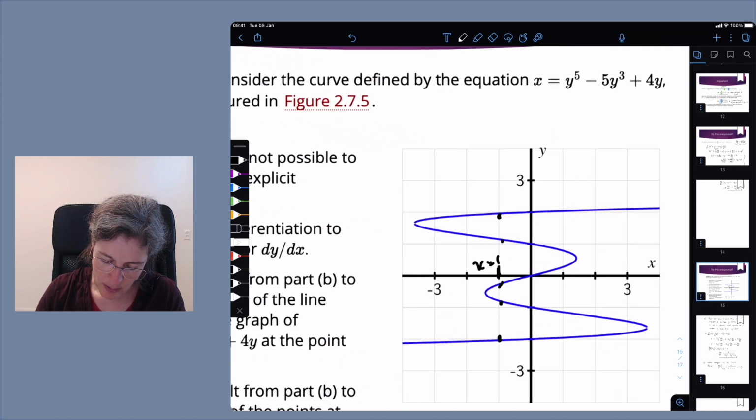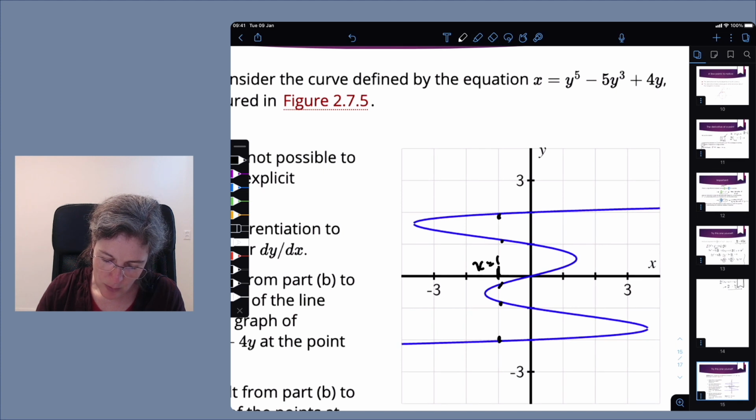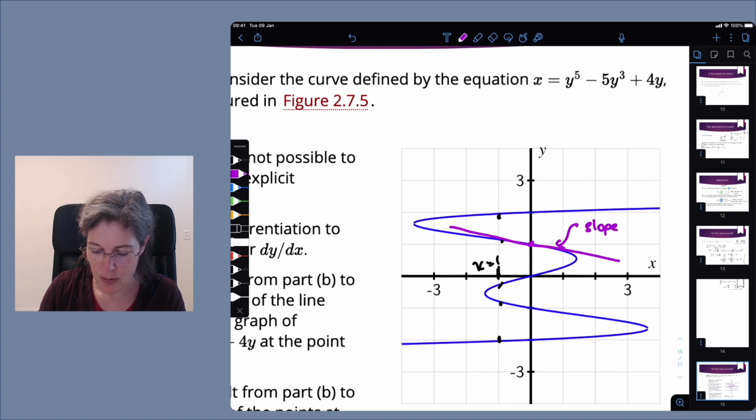So we're looking at the point (0, 1). We're interested at this point here, and we're looking at the tangent line. What we want to ask is, does this have the slope minus 1 over 6? Does that make sense? Well, the first thing is, at least it's negative. So this slope is going down.